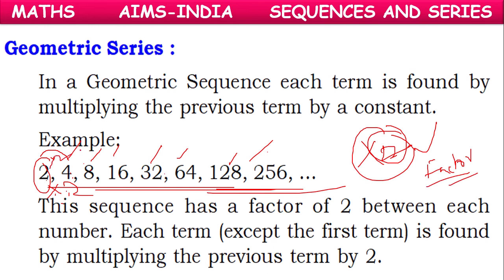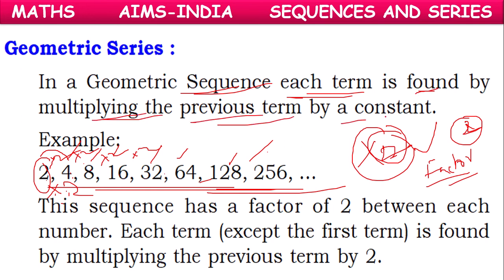So 2 into 2, 4, 4 into 2, 8, 8 into 2, 16, 16 times 2, 32. So here the common factor is 2. So any sequence, if each term is found by multiplying the previous term by a constant factor, then that sequence is called a geometric sequence, and the sum of the terms in that sequence is called a geometric series.